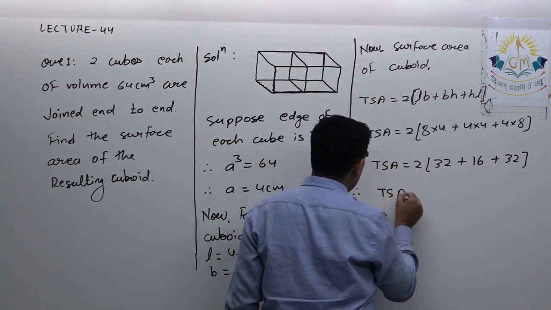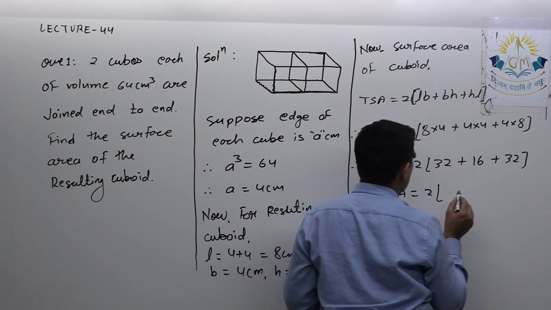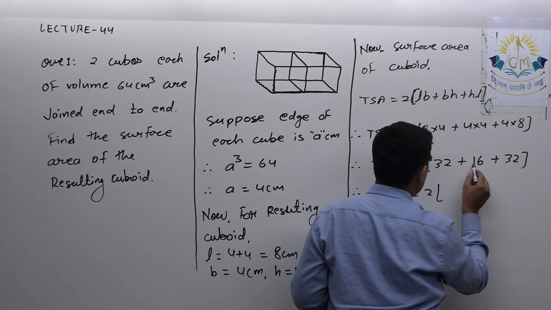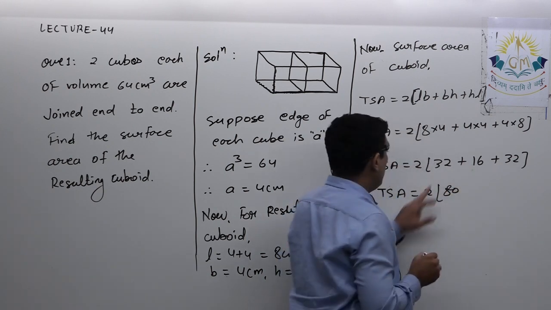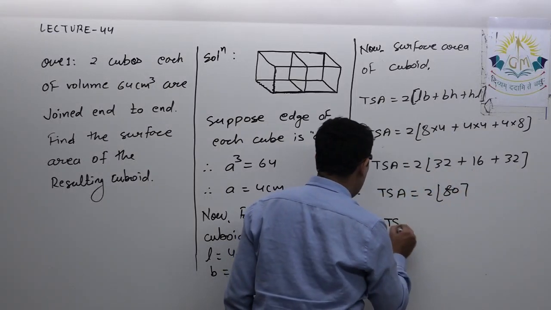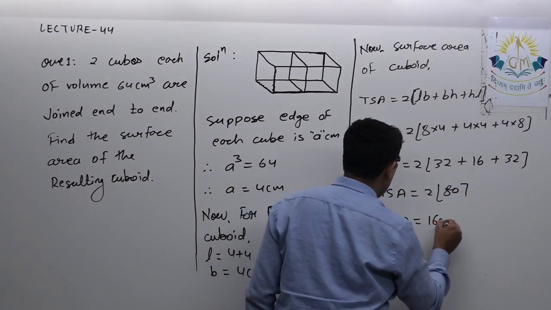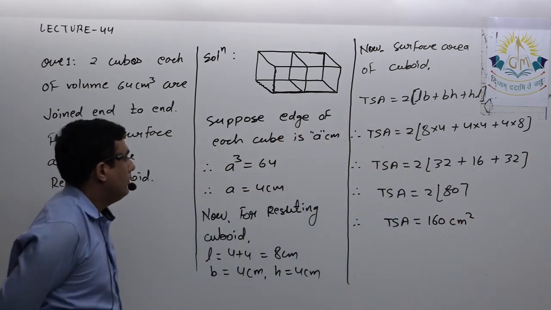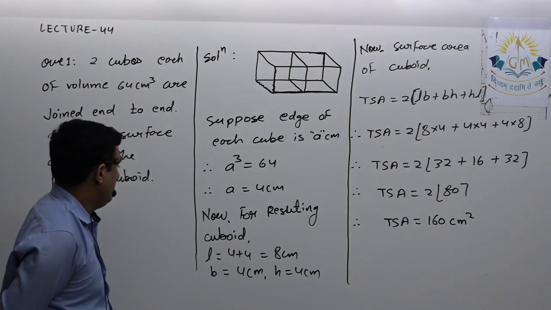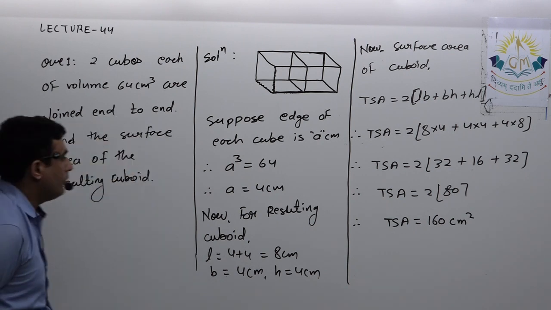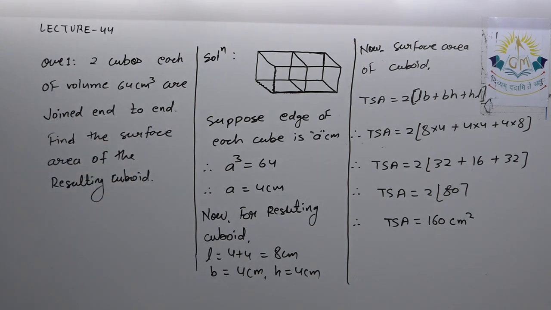So TSA is equal to 2 times 80. So I can say TSA is equal to 160 centimeter square. So this is my final answer. The surface area of the resulting cuboid is 160 centimeter square. So please note it down. Then we'll see the next question.